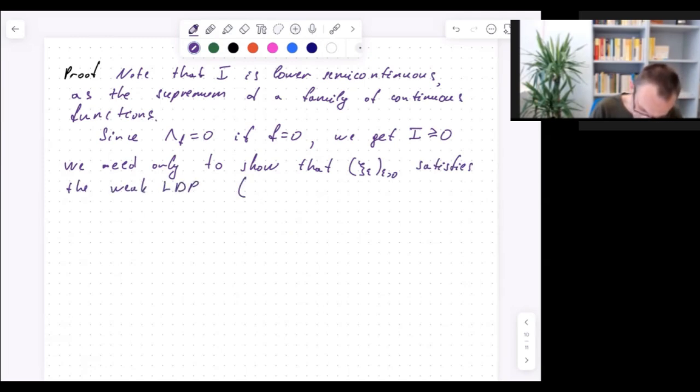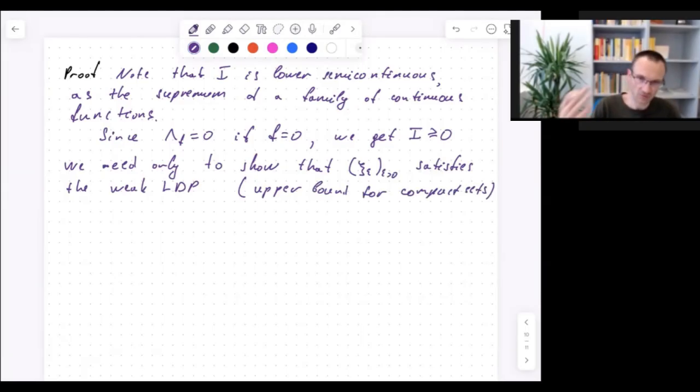Weak means the upper bound for compact sets. Because we have exponential tightness, we know that if the family is exponentially tight, then the weak large deviation principle implies the full large deviation principle. Therefore, it means that instead of closed sets, we can work with compact sets.